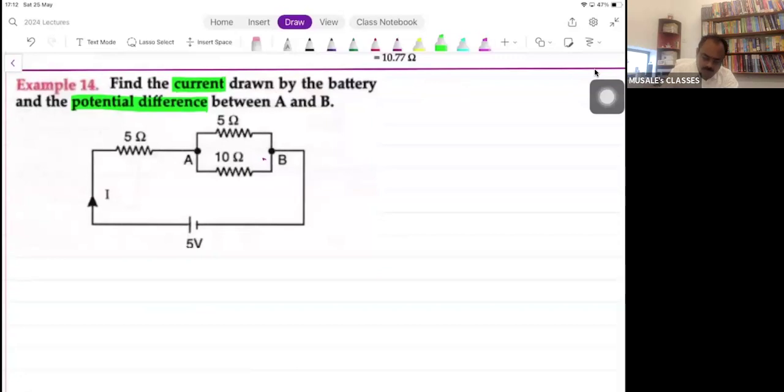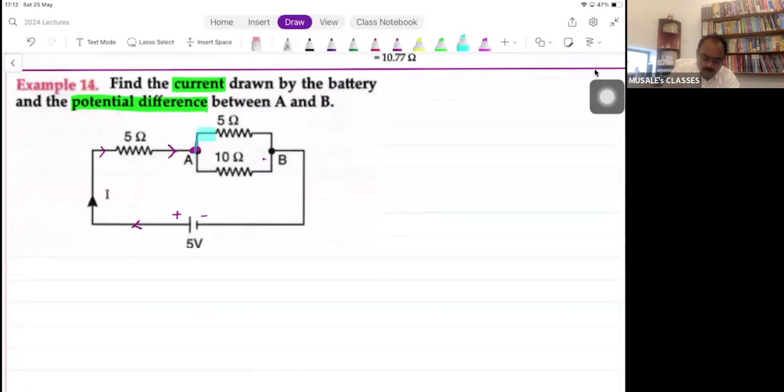As I told you, this will be a positive terminal, this will be negative. Now they have already shown the direction of the current. So current will be flowing through this, but at this point, current is getting divided.